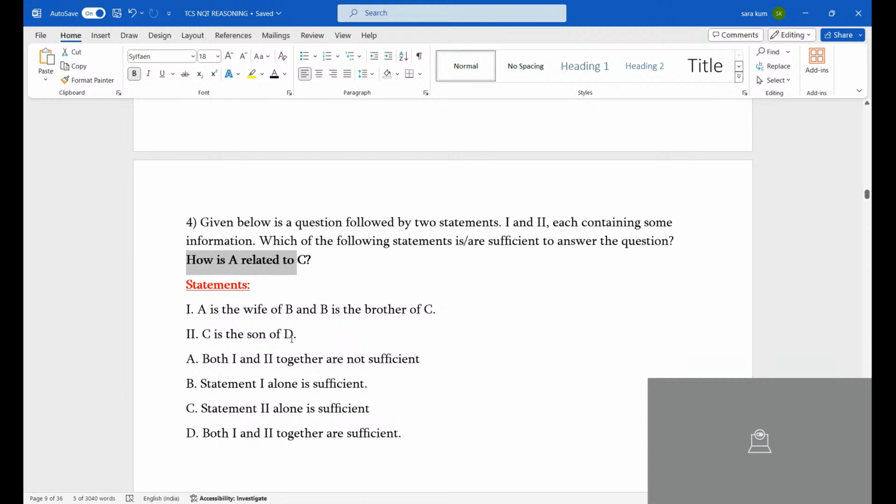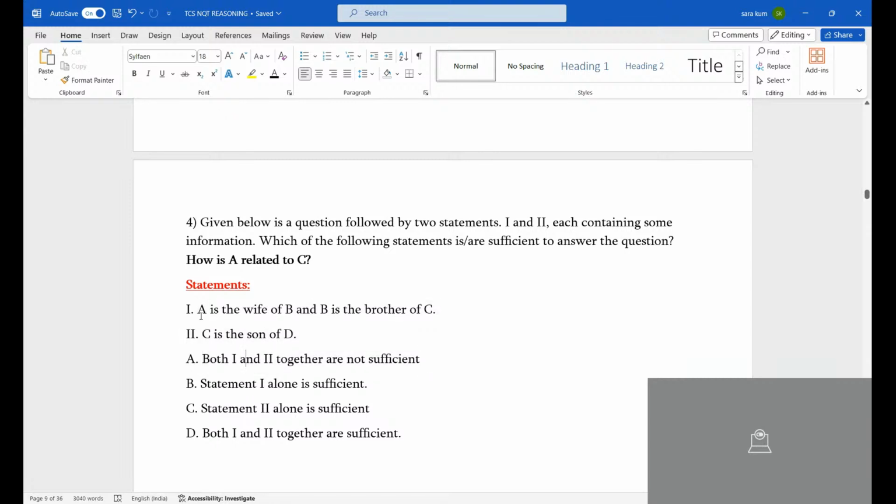Depending upon how it finds its place in any given question, you have to choose these options. So if you need both the statements in order to get an answer for this question, choose this: both one and two together sufficient. Even if you add the data in both these statements, still you are not able to get an answer for this question, use this: both one and two together not sufficient.